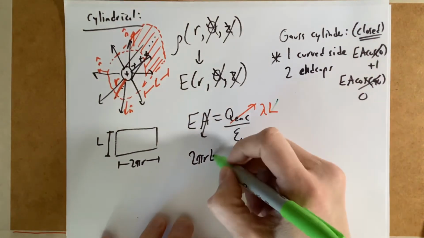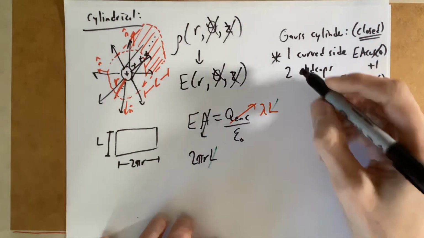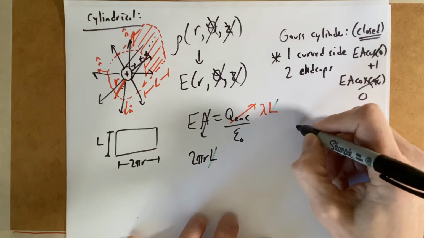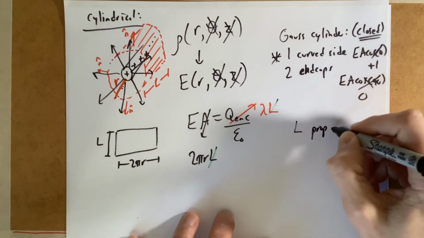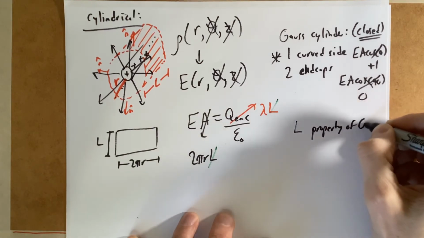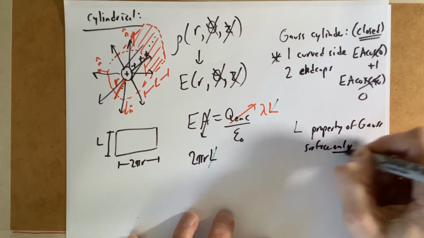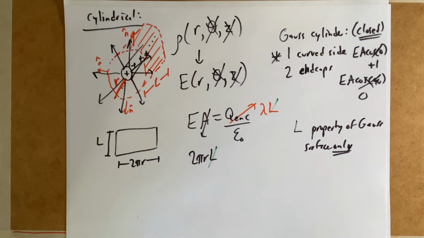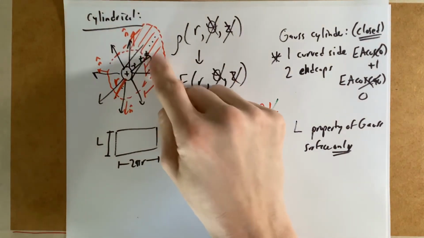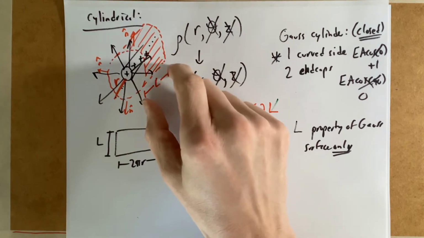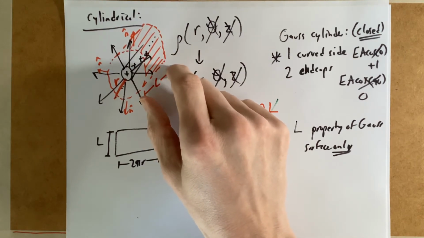The L's cancel. That's really important, and the reason is that L is a property of the Gaussian surface only. It has no relevance to the charge distribution itself. This is just the testing surface we put here, and we gave it an arbitrary length L so we could enclose some charge.